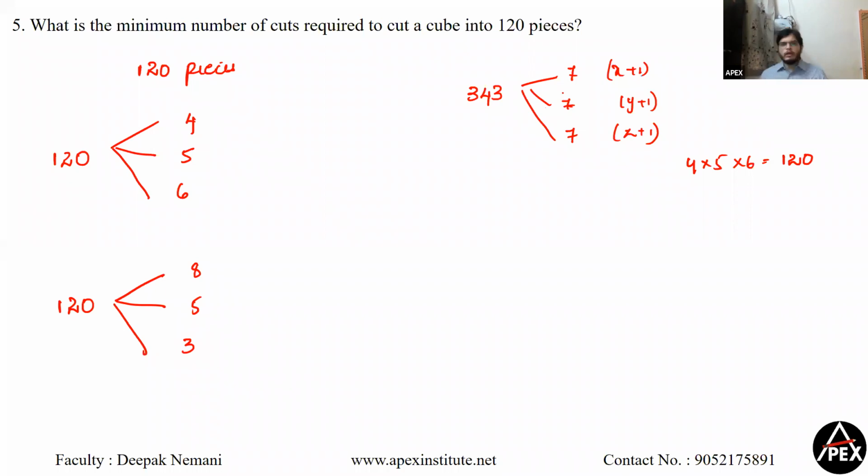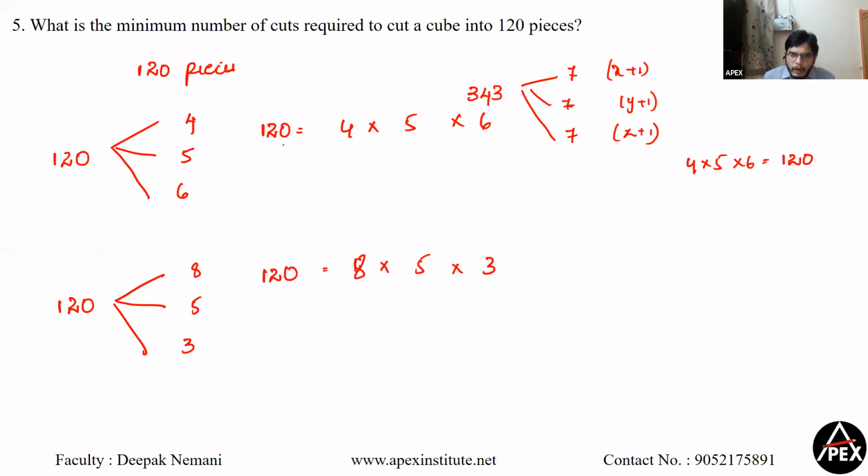So 120 can be written as 4 into 5 into 6 in one case. Here I am considering 120 as 8 into 5 into 3.